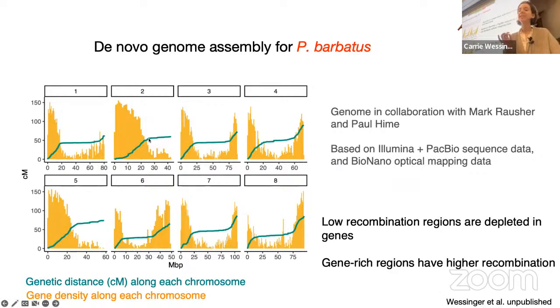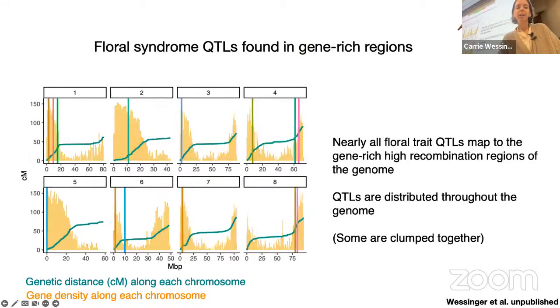And we find that these low recombination regions are basically depleted in genes compared to the high recombination regions. This orange histogram is showing the density of genes along each chromosome. And so we can overlay our QTL peak LOD positions onto this plot.